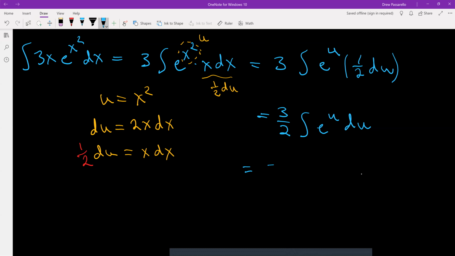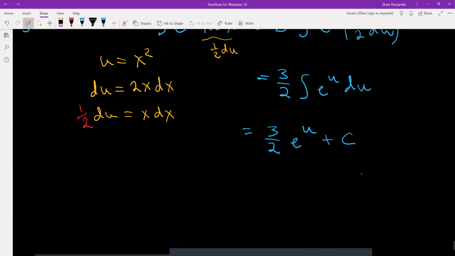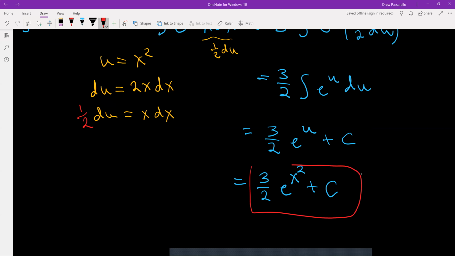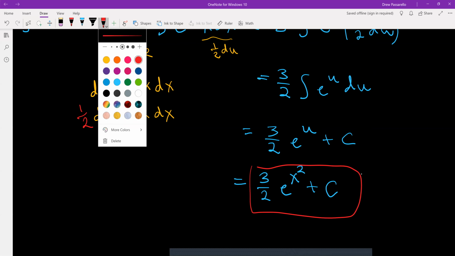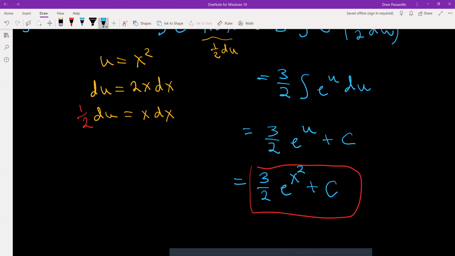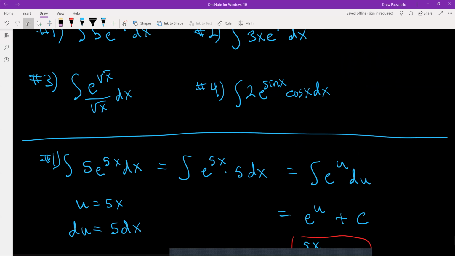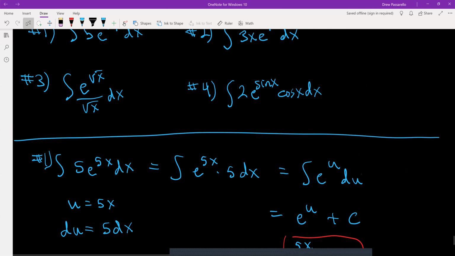So it's going to be 3 halves e to the u plus c, and then I just back substitute u as x squared. So that's 3 halves e to the x squared plus c. Okay, so that's that one. The next one is e to the square root of x divided by square root of x, and then dx.